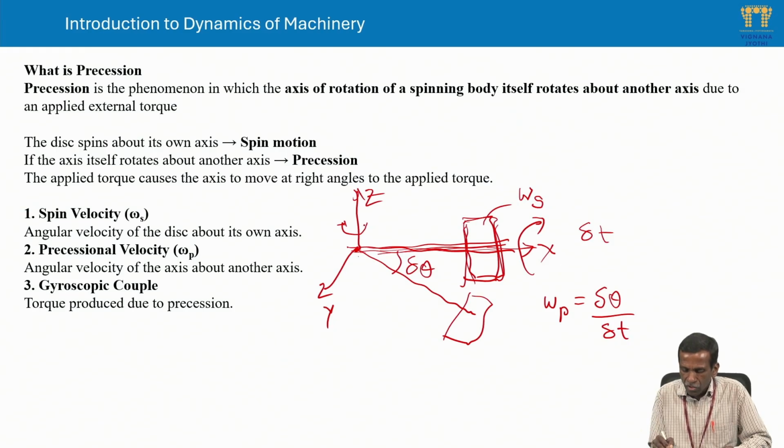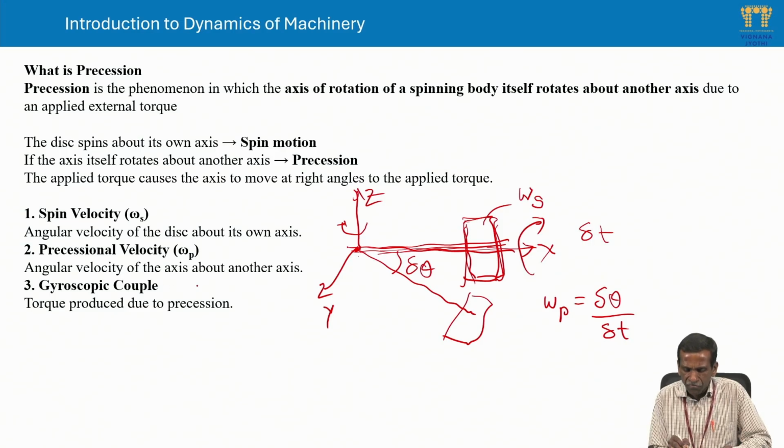So we apply a torque so that the axis moves with angular velocity omega p. We have applied a torque which causes the axis to move at right angles to the applied torque. So then the spin axis is moving. Let us take the notation: spin velocity, the angular velocity of the spinning body, is omega s.